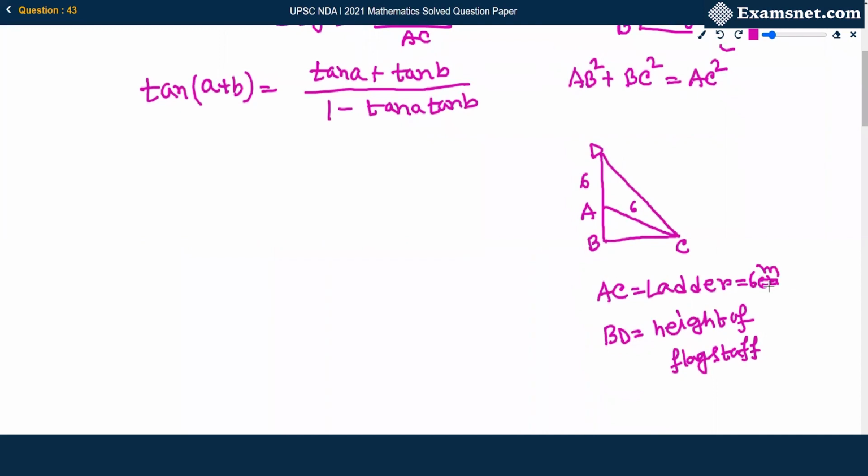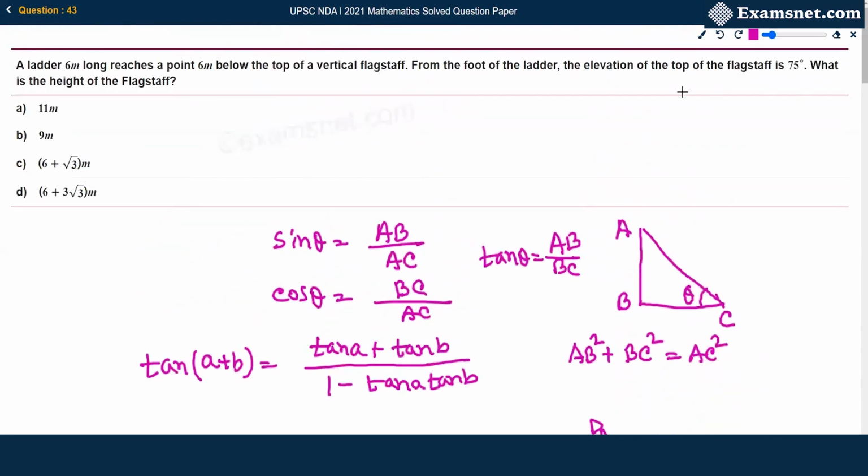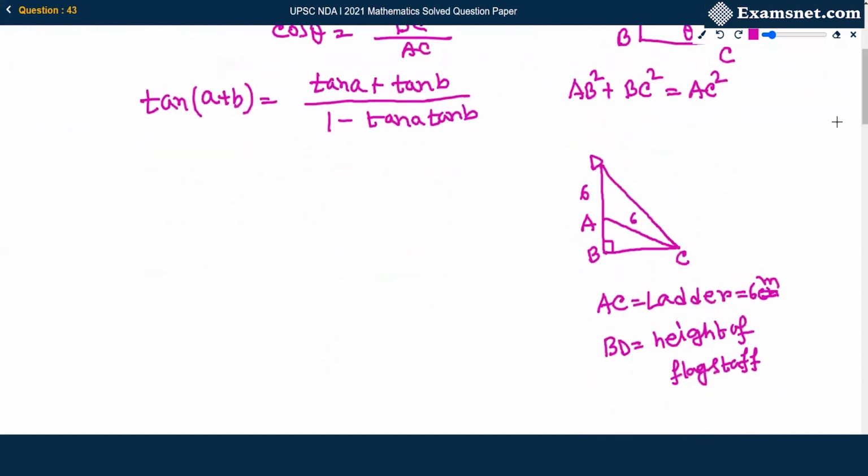It should be 6 meter. So both AD and AC are 6, right? Next, angle B is 90 degree, and they have given that the elevation of the top of the flagstaff is 75 degree. So this angle BCD is 75 degree, right?